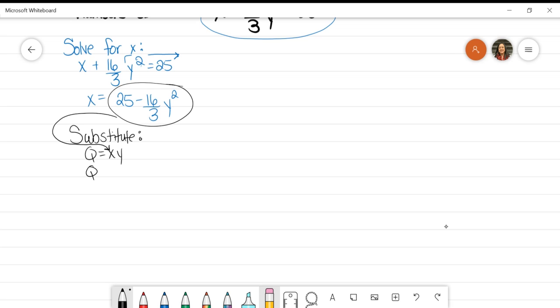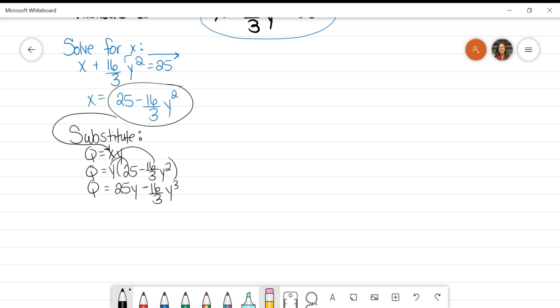So I'm left with q is equal to y times that 25 minus 16/3 y squared. All right. Now, I'm going to expand this a little bit, just so I don't have any parentheses, which means I'm going to have to multiply this. That's going to give me 25y minus 16/3 y cubed.